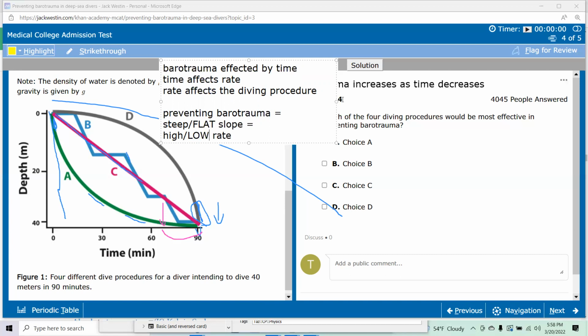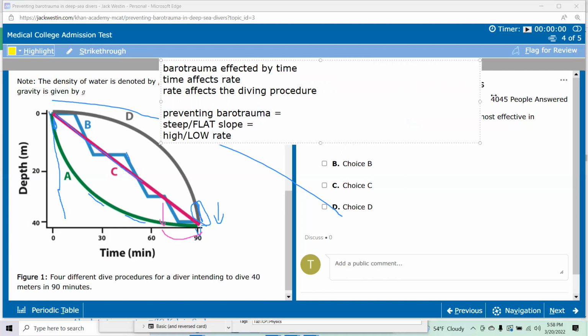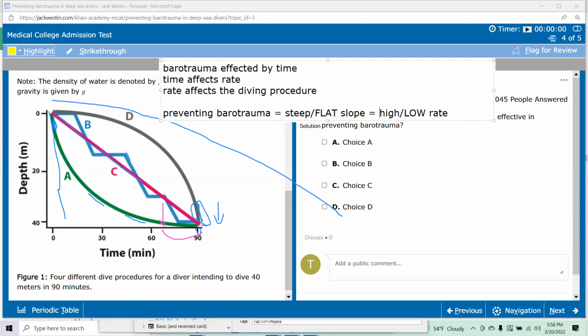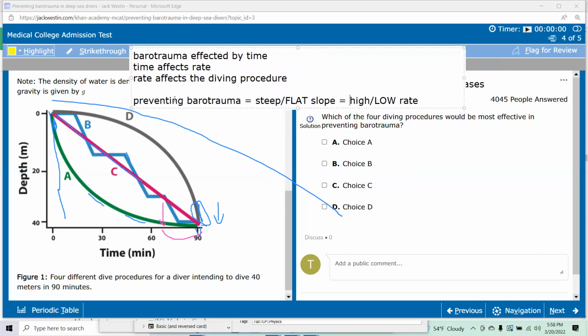Notice this, I would do this all the time. The way that I'm linking concepts is the bread and butter of this exam. This is how you do everything, by linking things and asking, okay, this should give me what of this? Make it easy for your brain: low barotrauma equals high slope or low slope, right?